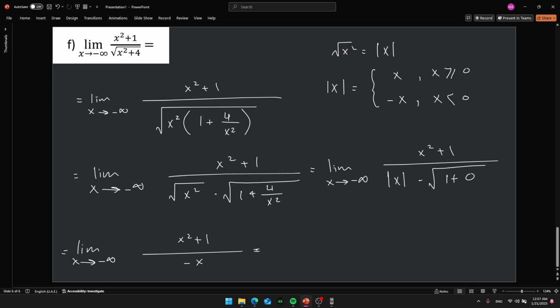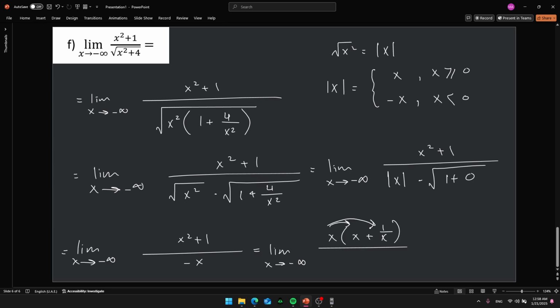Now, let's see. We'll take x, 1x, from the numerator as a common factor, and as I said before, when taking a common factor, you have to divide all the terms by the term that you took as a common factor. So x plus 1 over x, right?